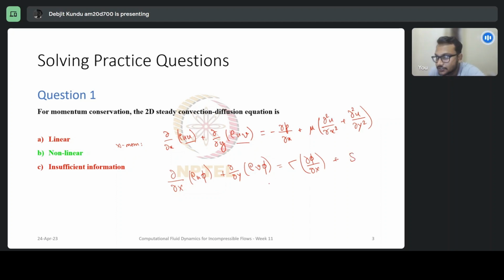This equation is actually linear in phi if we know u and v. But if u or v themselves are being conserved, as is the case in this equation, then these terms introduce non-linearity into the equation, and that's why the correct answer would be option B, non-linear.